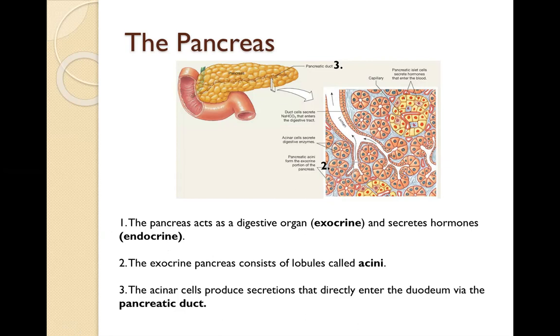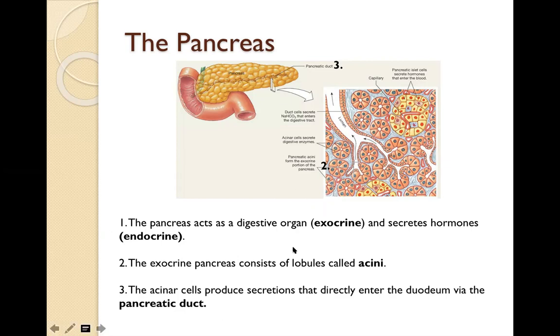There's no anatomic delineation. The cells that make the digestive enzymes and the cells that make the hormones are scattered throughout the pancreas. You can't separate the two pieces of the pancreas from an anatomic standpoint.